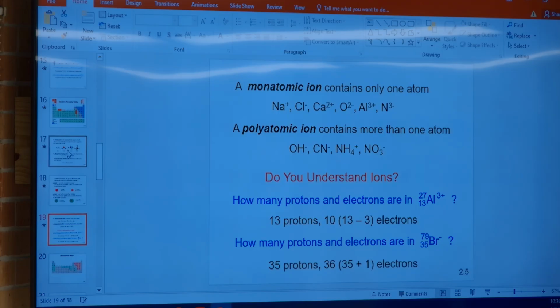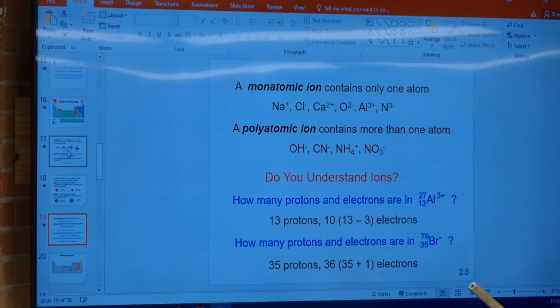If lose 3 electrons, positive 3. If gain 1 electron, negative 1. If gain 2 electrons, negative 2, right? Now, 3 plus charge means lost 3 electrons. Initially 13, lost 3, of course, 10.